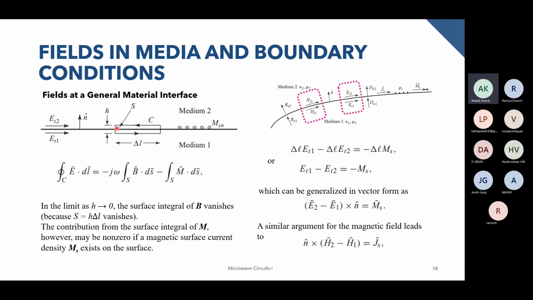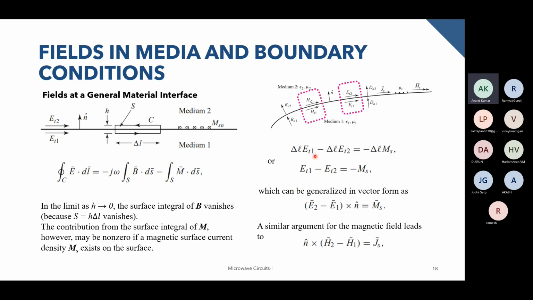Then we make this height h tend to zero, and we end up with two line integrals and a surface with a diminishing surface area.